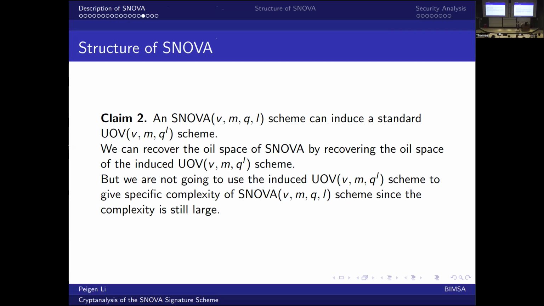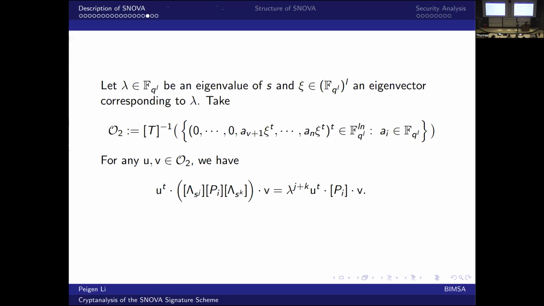But we are not going to use the induced UOV scheme to give a specific complexity of SNOVA, since such complexity is still large. If we have another method to find the oil space of the induced UOV scheme, then maybe we can reduce the complexity of SNOVA, but I don't know. I just explain to you how to do this.